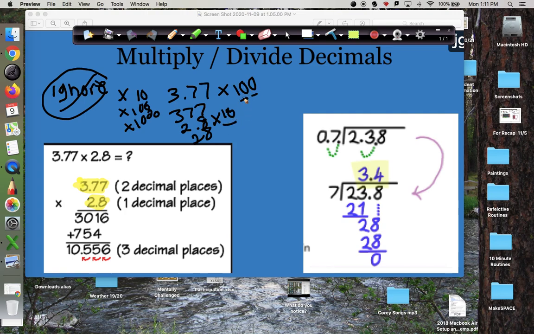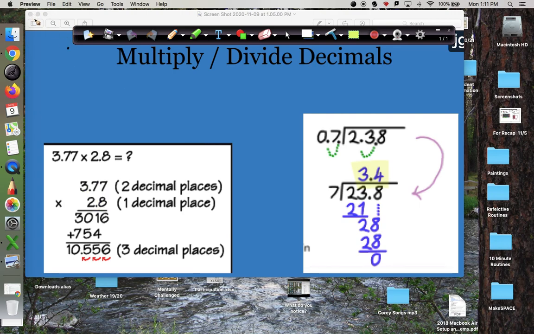So this is three factors of 10. It's like 10 to the third. So that's 1,000, and that's 3 zeros. And that's exactly how many decimal places we have in the answer. So just a quick introduction to how we are thinking about the method when we multiply decimals.